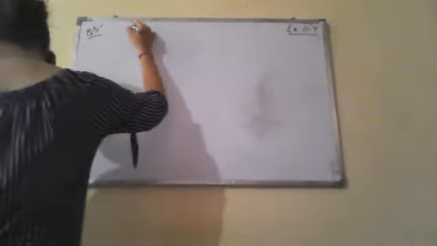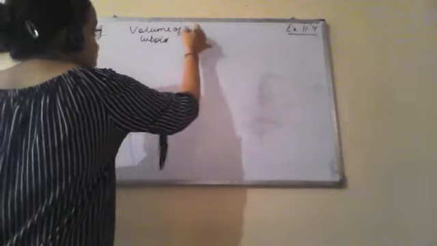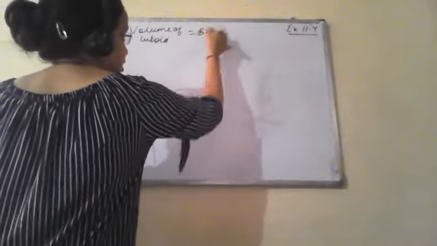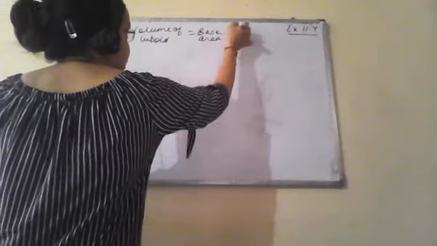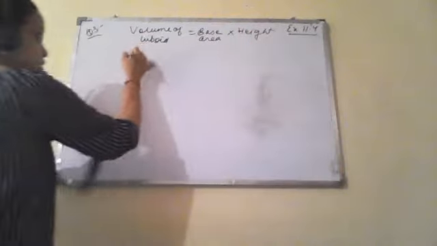Find the height of a cuboid whose base area is 180 centimeter. So what is volume of cuboid? So it is base area into height. So what is height?